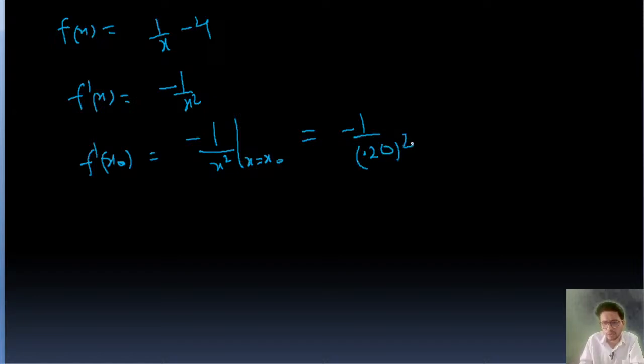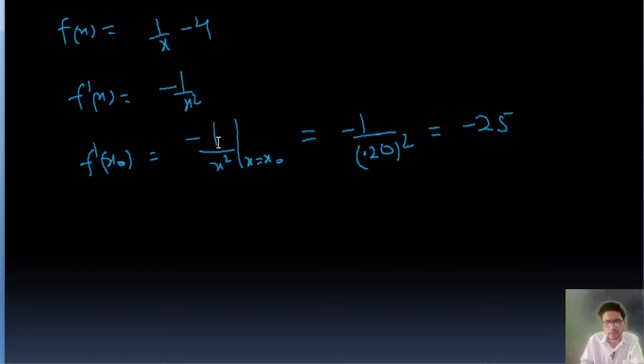Then f dash x naught is going to be minus 1 upon x square at x equal to x naught, which we have been given. So minus 1 upon 0.20 whole square, and if you solve it, this value is going to be minus 25.